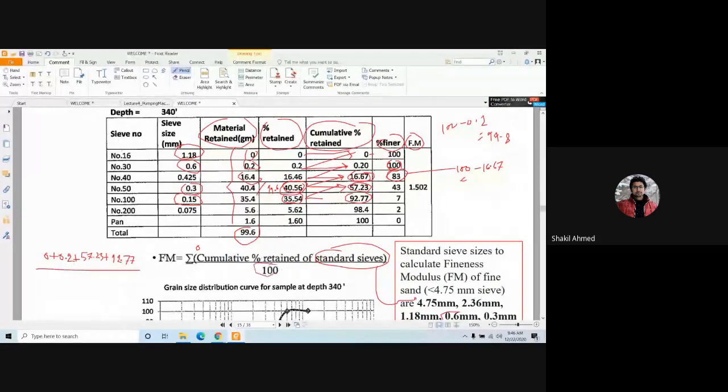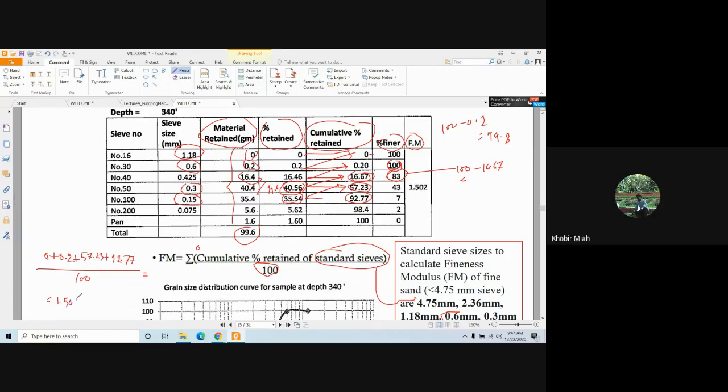Divided by 100. Can you please tell me the value? Sir, 1.502.